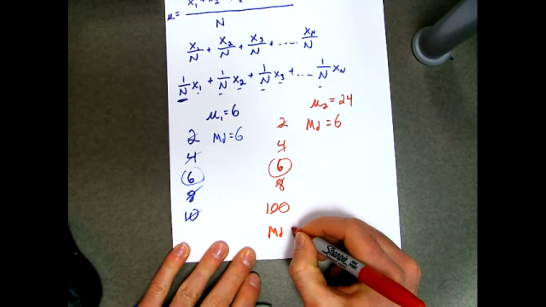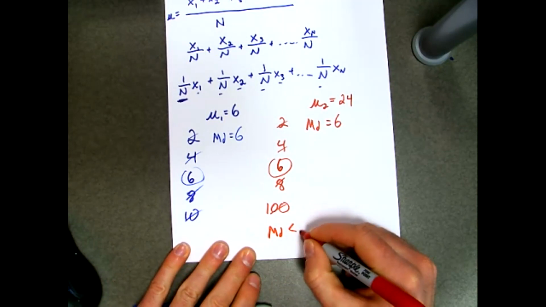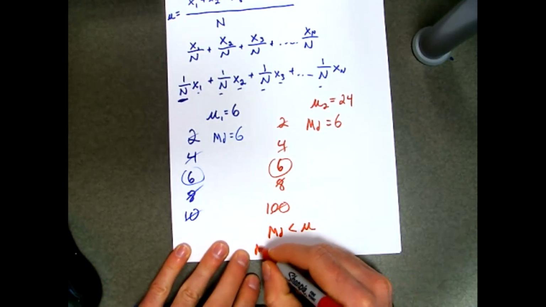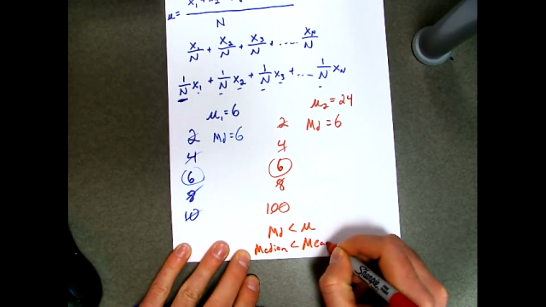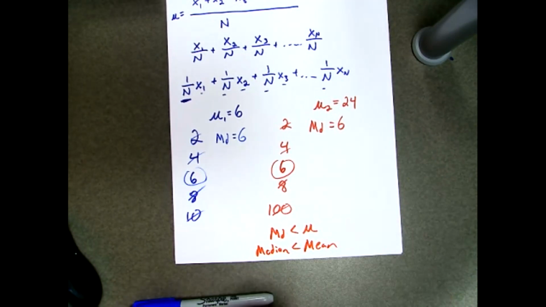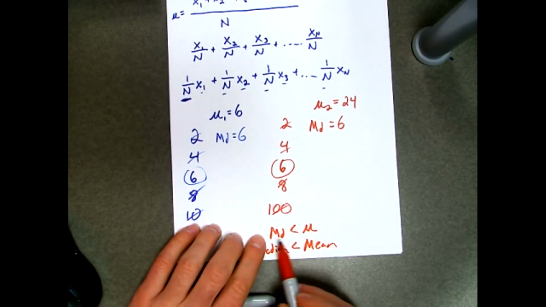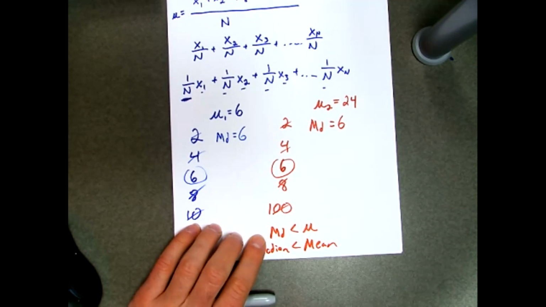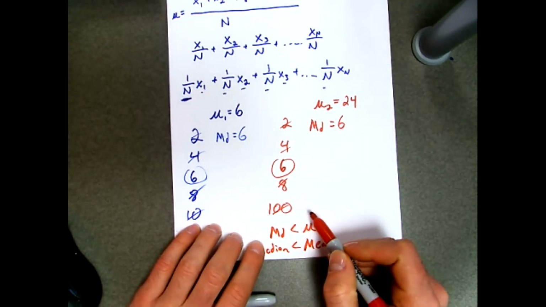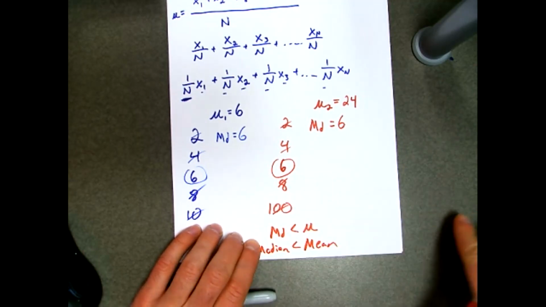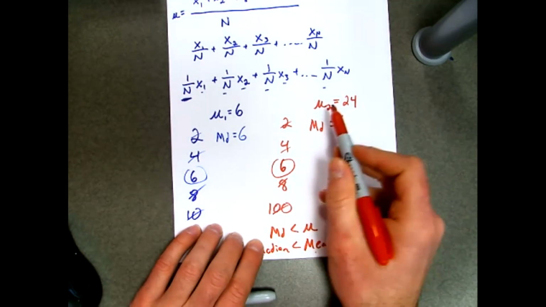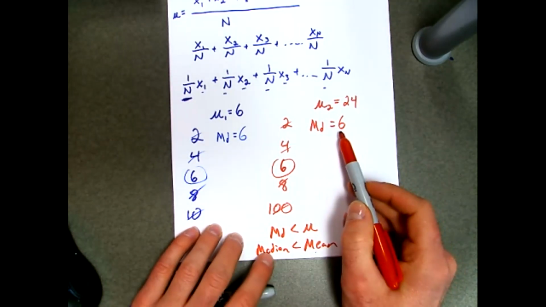So anytime I have a median that's less than my mean, visually that means the mean will be to the right of the median. So this is what we would call a right skewed distribution, right? We've got these extremely large values on the right side of the distribution that pull the mean up a lot, but don't influence the median.